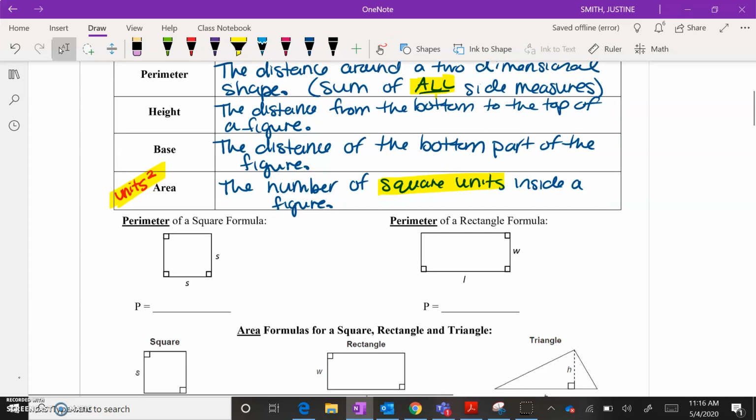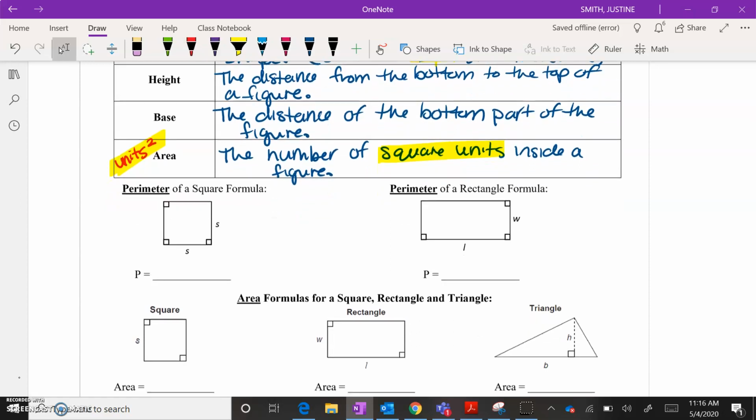We have some formulas here that we're going to look at. First is the perimeter of a square formula. Since all the sides are the same, instead of doing s plus s plus s plus s, you can really just do 4 times s, only because all of the sides are the same. For perimeter of a rectangle, you're adding up the length and the length, and then the width and the width.